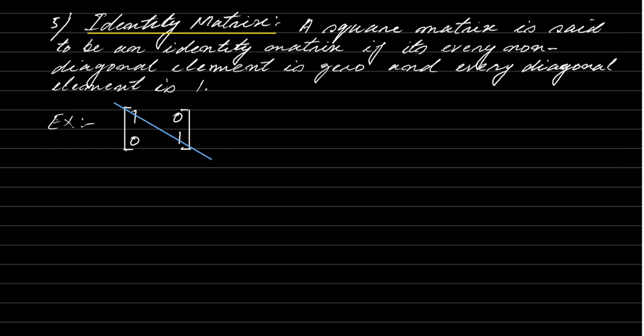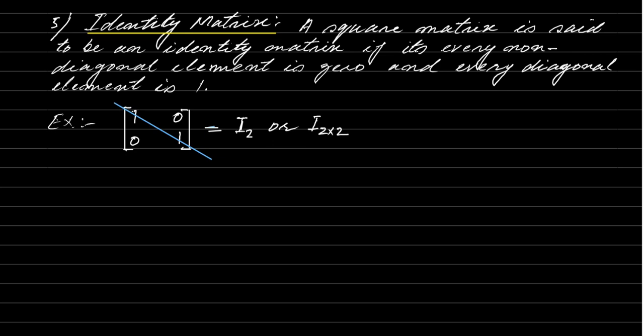So this is a matrix of 2 by 2 order in which diagonal elements are 1 and every non-diagonal element is 0. So this is an identity matrix which is generally denoted by uppercase I2, or uppercase I 2 by 2.